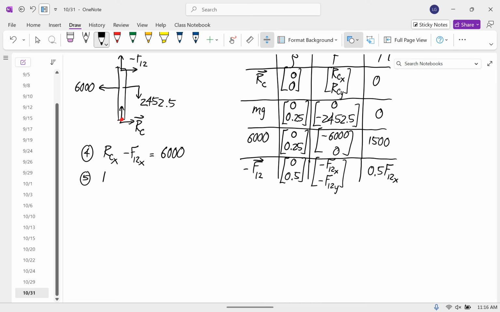Equation 5 says RCY minus F12y is equal to positive 2452.5. And equation 6 says 0.5 F12x is equal to negative 1,500.